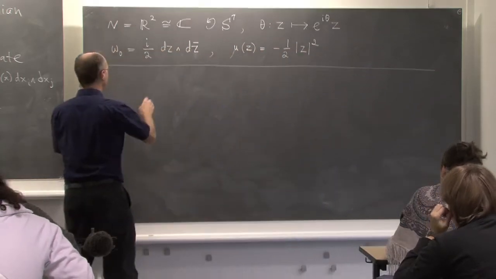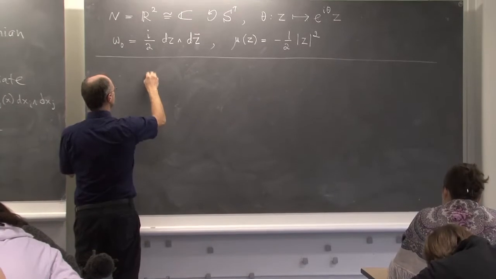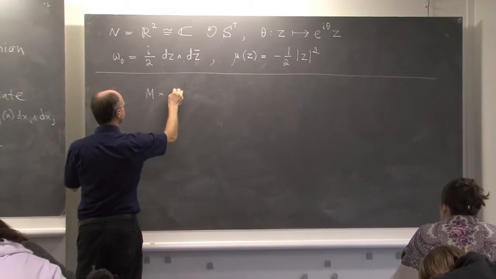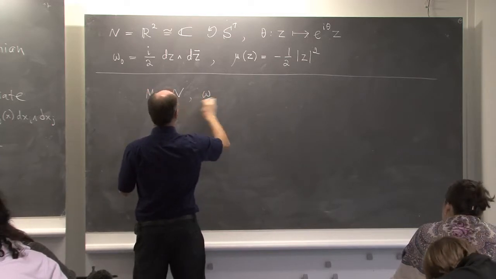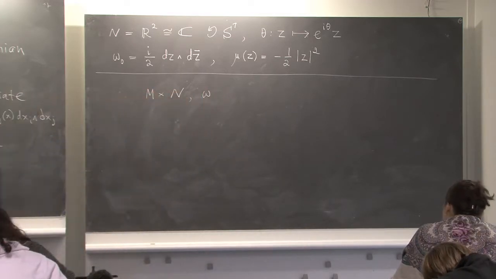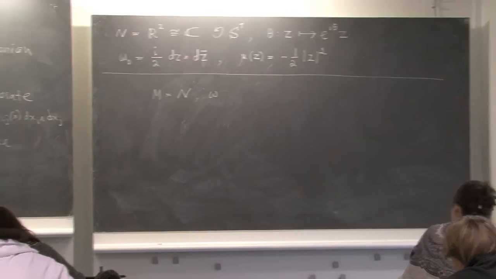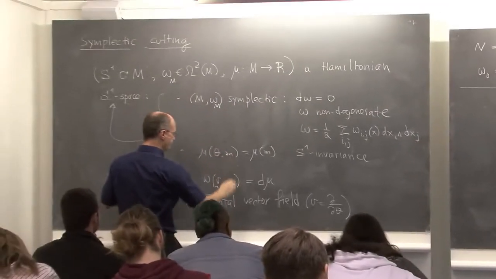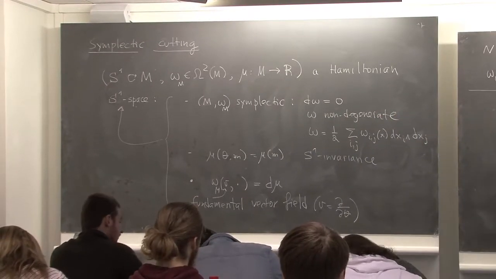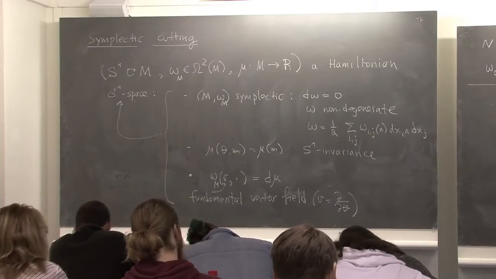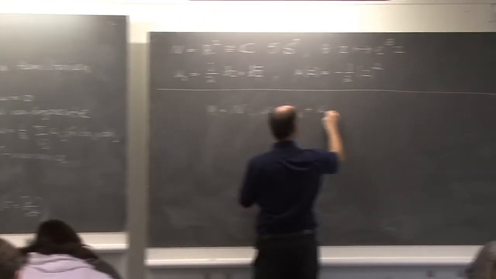Right. So now let's consider the product of these two spaces, with the 2 form given by omega m plus omega naught.